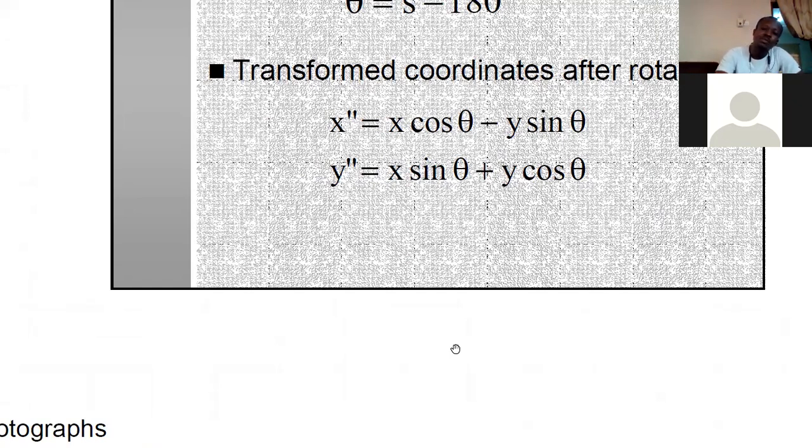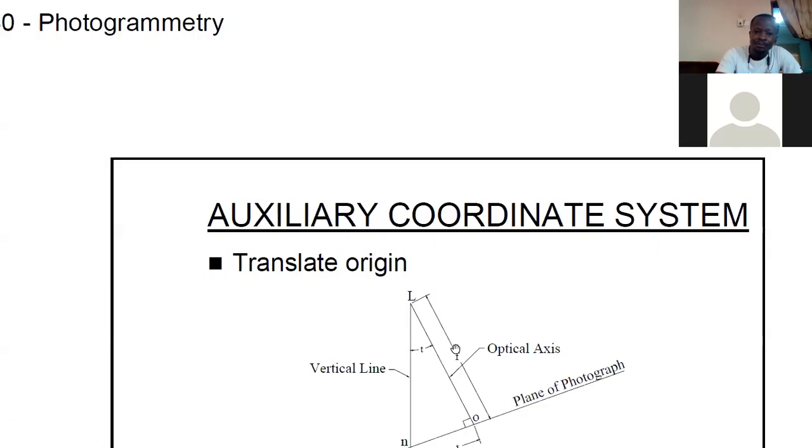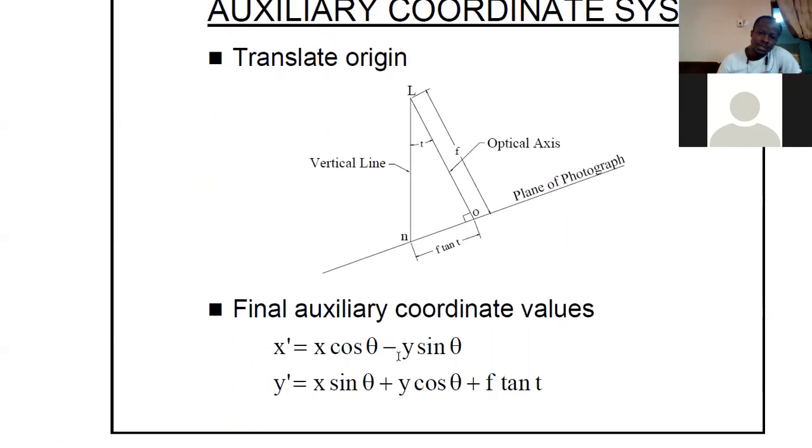So both of them have x and y, just the trig functions are a bit different. It's like cos sine, sine cos. Then you put a negative, and you can remember it. All right. This is the explanation of F tan T, which is actually the shift.